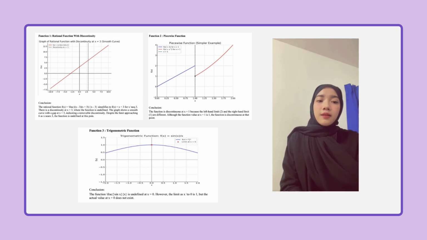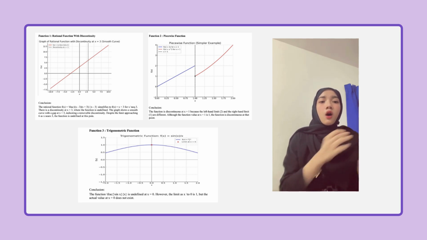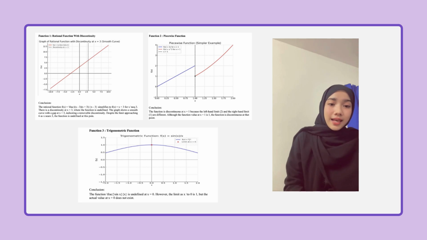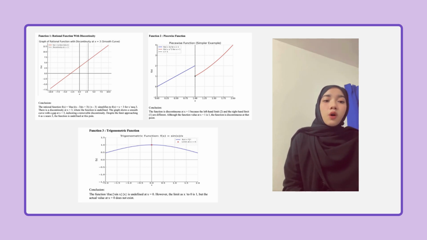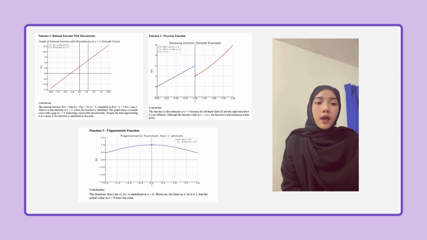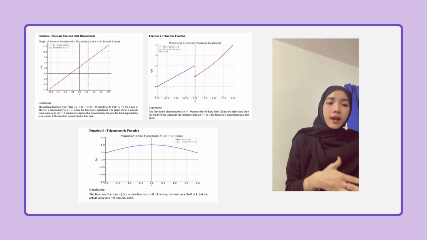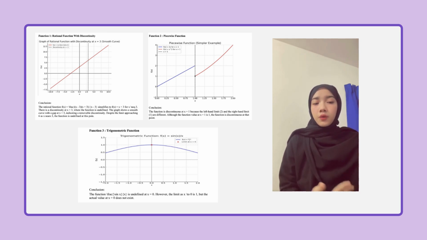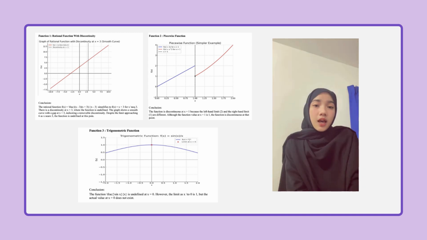The right-hand limit, that is the limit of f of x as x approaches 1 from the right, is 1. The function value at x equal 1 is 1. Since the left hand limit and the right hand limit are not equal, the function is discontinuous at x equal 1.